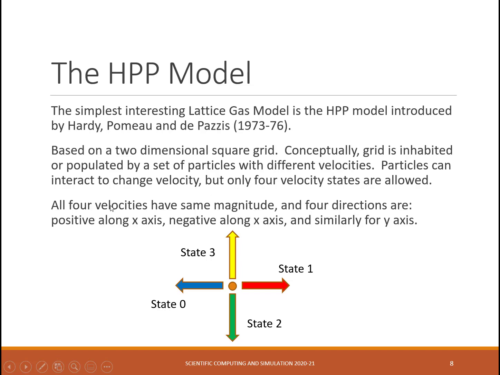Therefore, as presented here, the blue arrow highlights a negative movement along the x-axis to the left. Similarly, we have three other movements highlighted as state 1, state 2, and state 3. As we can see here, particles cannot move diagonally.